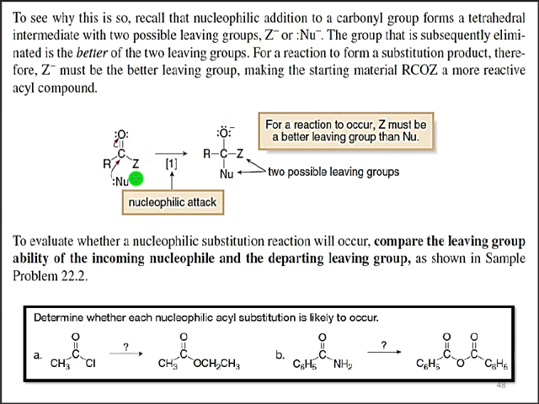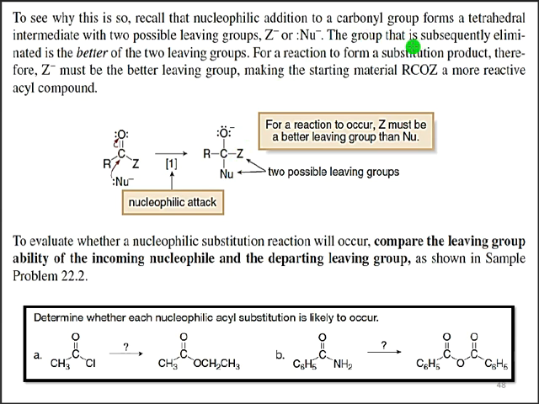Look, if you put the nucleophile here, that means your intermediate will be this tetrahedral intermediate, and you have this leaving group and this leaving group. Now you have to remove this or this.